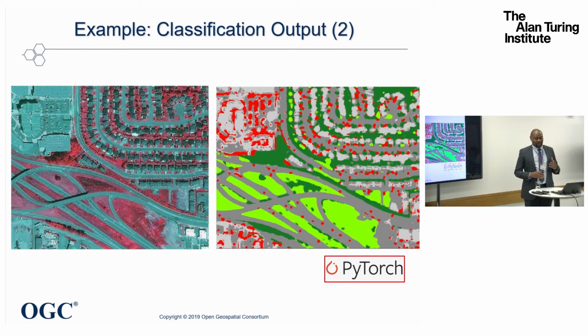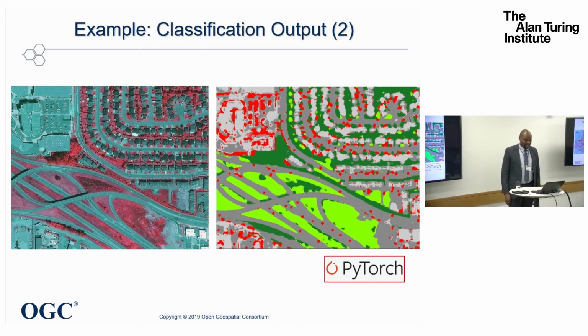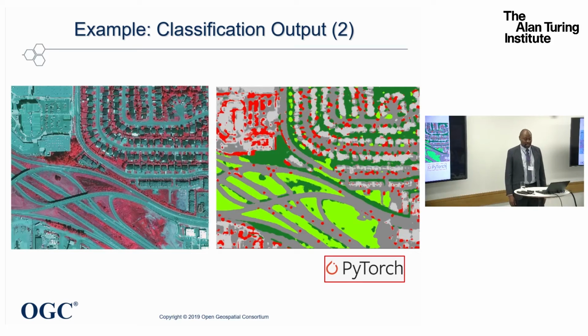That same architecture, they were able to apply it to other libraries. So this slide shows output generated using PyTorch, which is a Python library for machine learning applications. On the left-hand side is one of the intermediate images that were pushed into the process, and then this side is the resulting output.